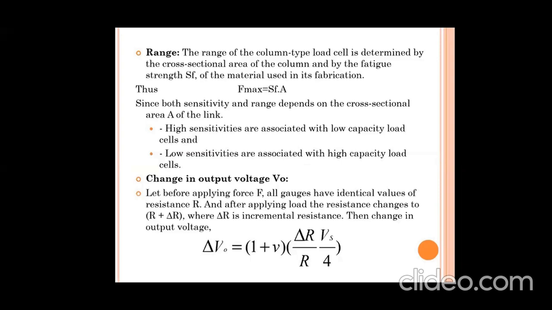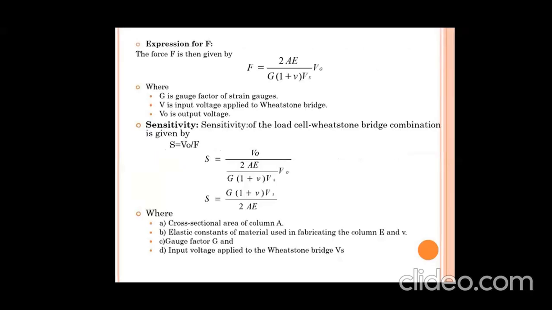Did you understand? Yes, ma'am. So please note down all the formulas. The formula for force is F equal to 2AE divided by G into (1 plus V) multiplied by Vs, multiplied by V0.